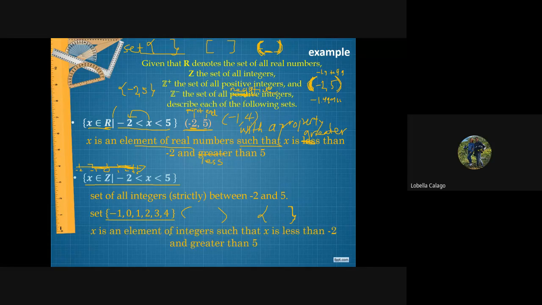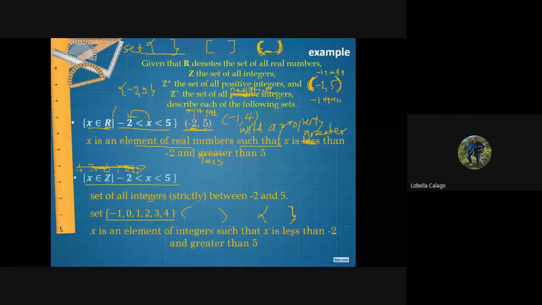So in reading that, x is an element of integers such that x is greater than -2 and less than 5. Okay, so that is how you're going to write in that set.